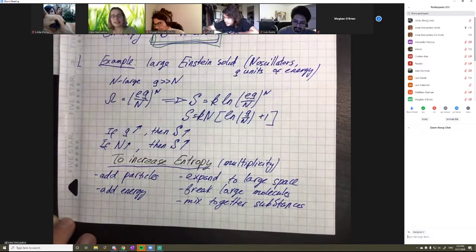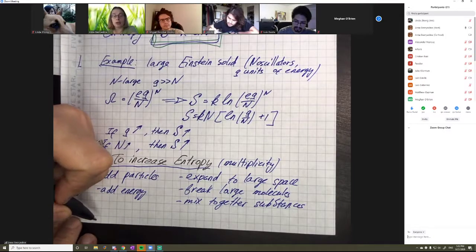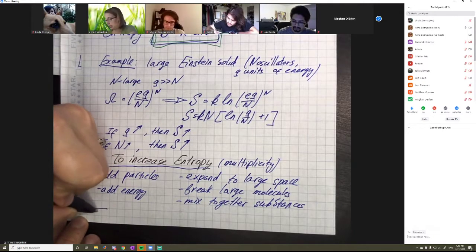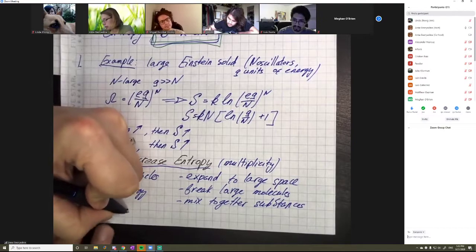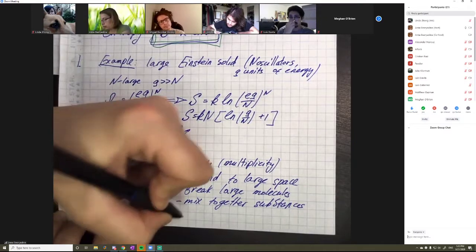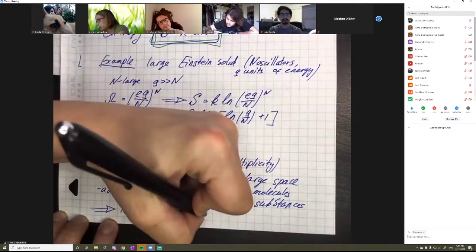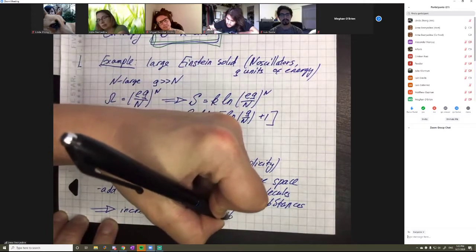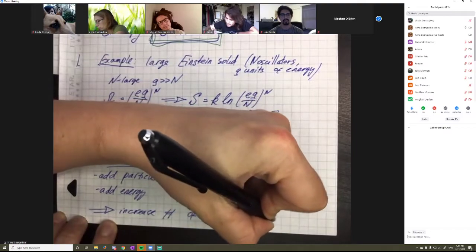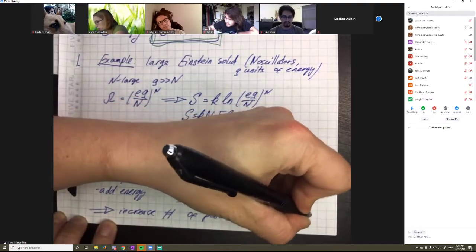So in all of these cases, what we do is increase the total number of possible arrangements.